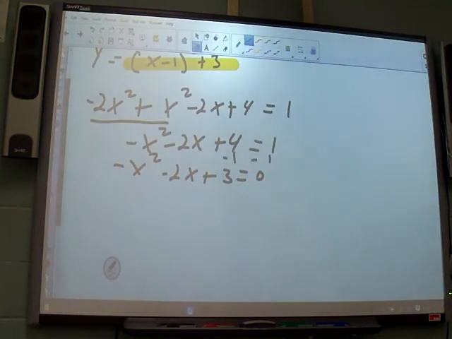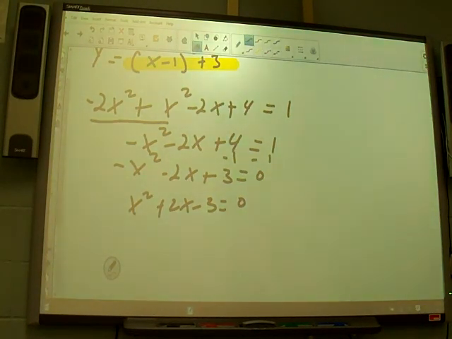If you want to use that quadratic and go to the quadratic formula with an a of negative 1, a b of negative 2, and a c of 3, it will work. I did a little trick because I like my a to always be positive. So I just multiplied that whole equation by negative 1 and changed all the signs. You don't have to do that, but that helped me see that it's factorable.